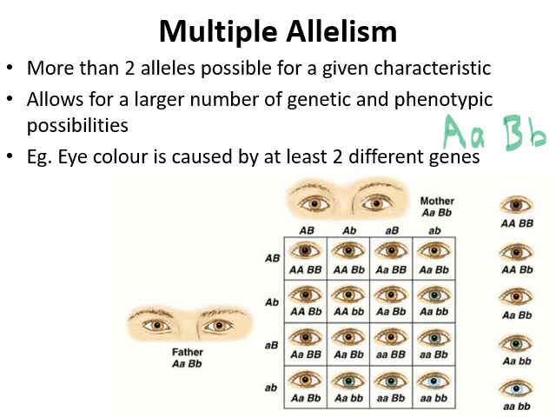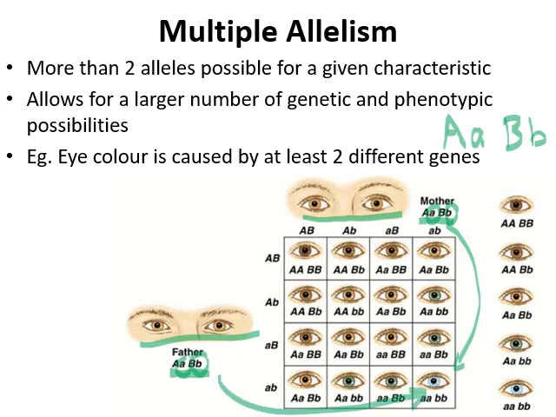And so in here we essentially have a mother with brown eyes and a father with brown eyes. But because they are heterozygous for both of these genes, some of their offspring, if they happen to inherit the lowercase alleles only, which is less common but still a possibility, could end up with blue eyes.